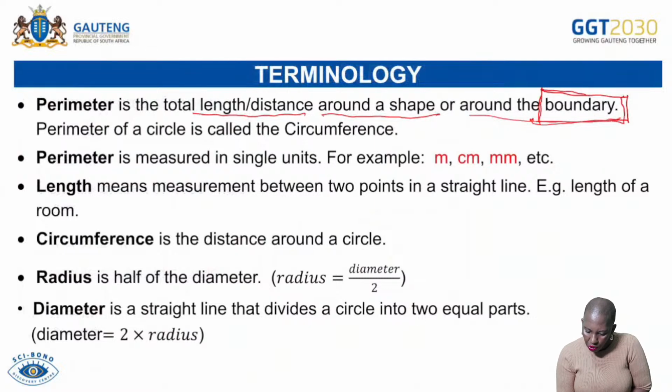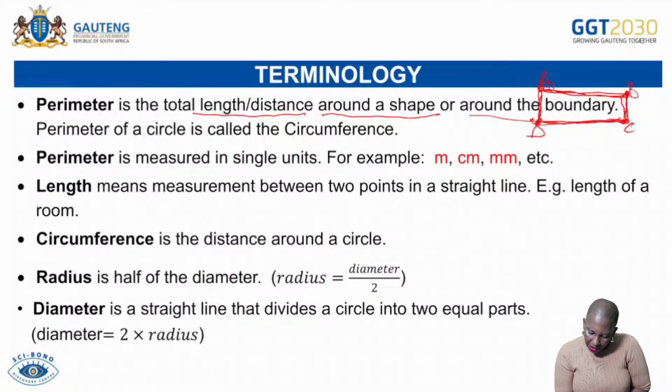If I want to know the total length, it means I'm going to move from point A straight to point B, take the measurements, write them down, and then move from point B to point C. Let's say this is my A, this is my B, this is my C, this is my D. Then I'll move from point C to point D, and then from point D to point A.